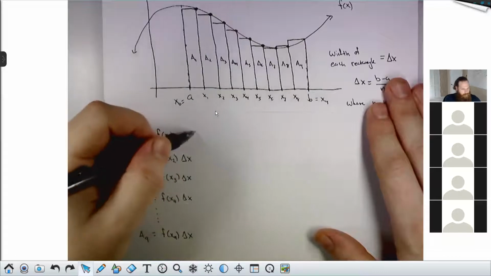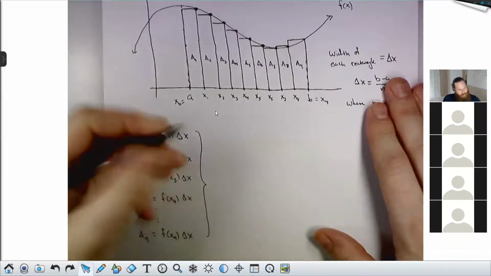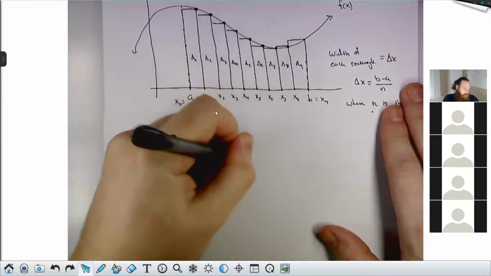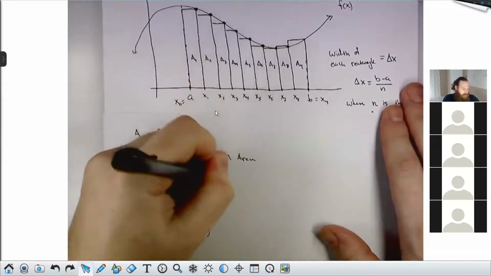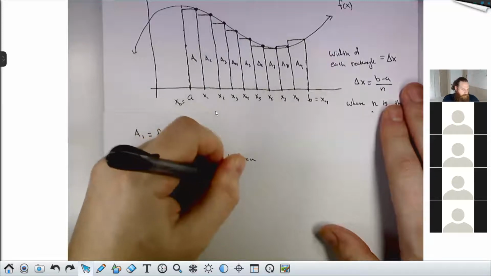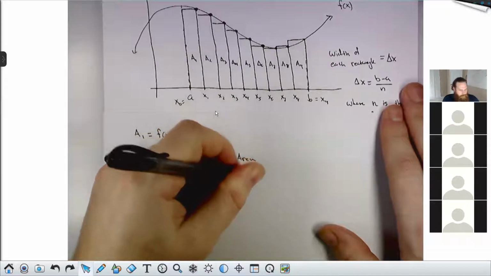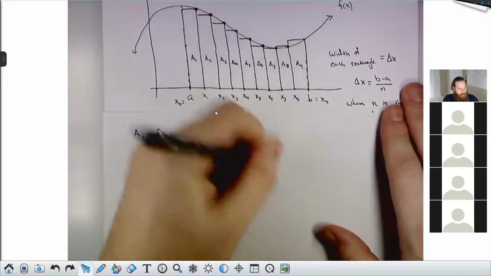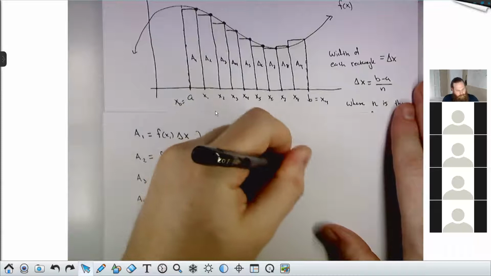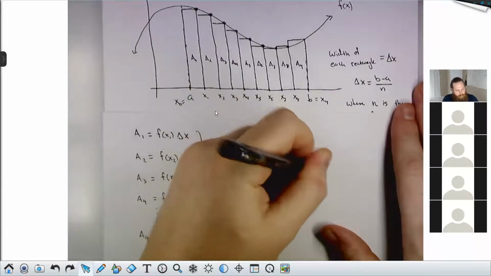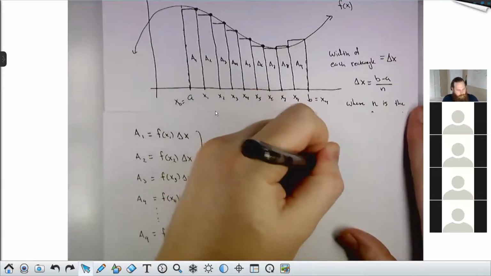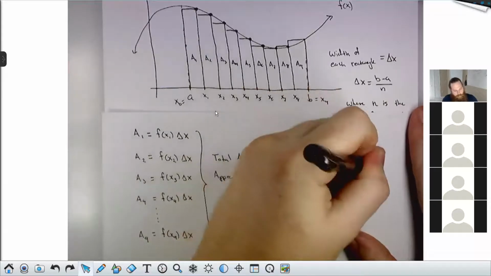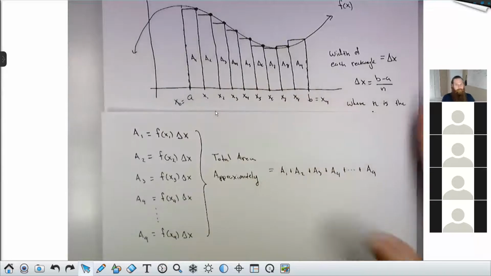So all of this together tells me that the total area is approximately the sum of these areas, which is A1 plus A2 plus A3 plus A4 plus all the way out to A9.